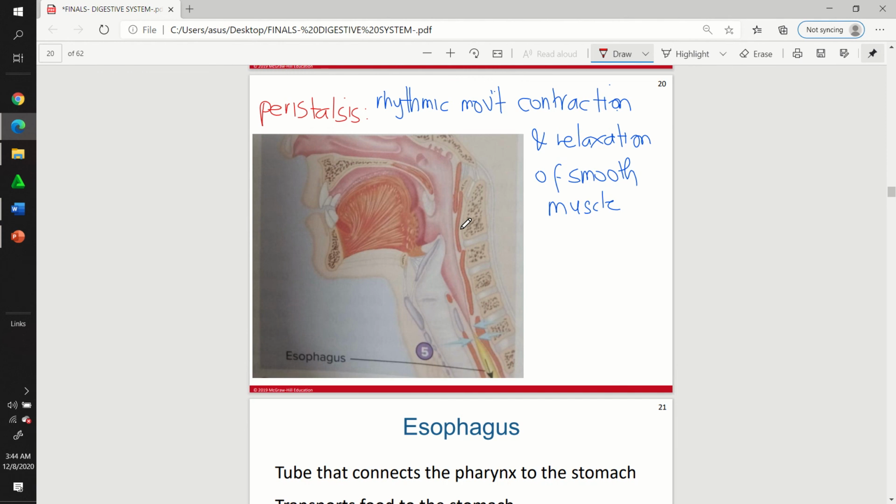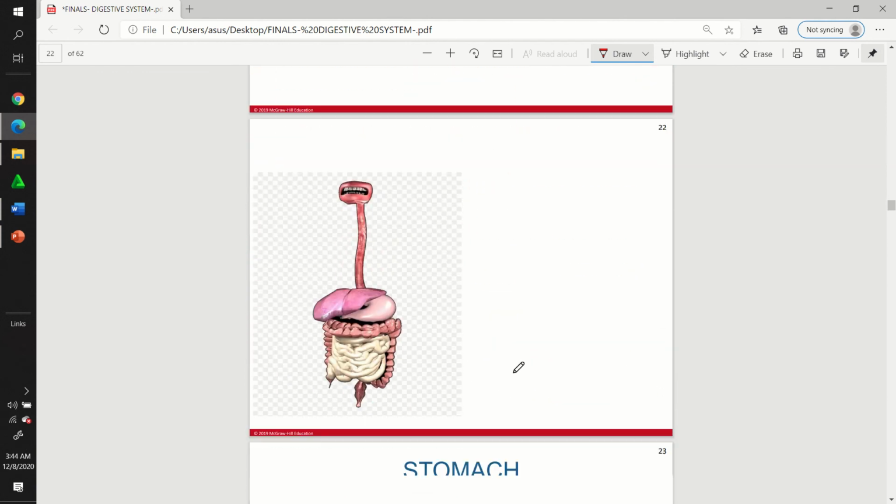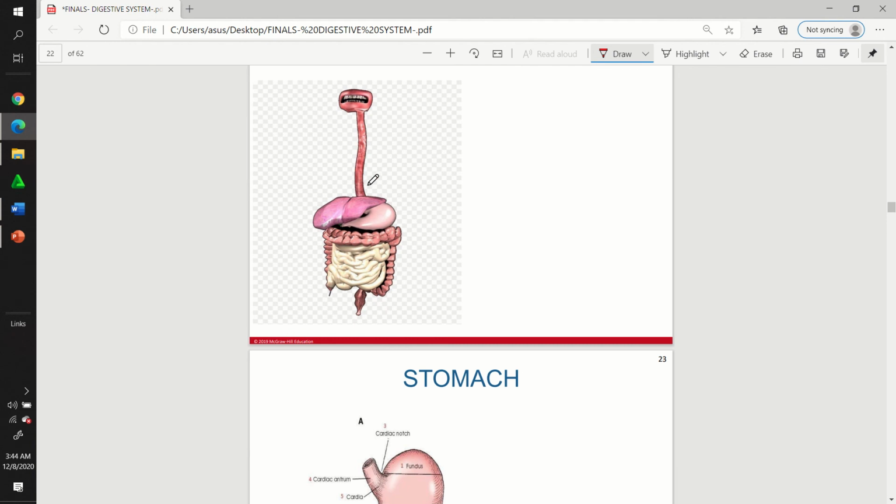When food moves to the bottom of your esophagus, remember this one, there is actually a sphincter here. That sphincter muscle is called your LES.